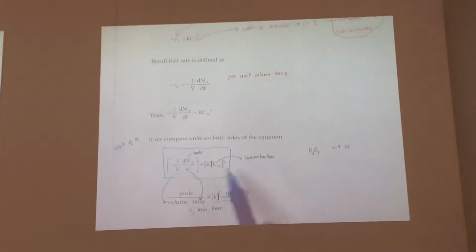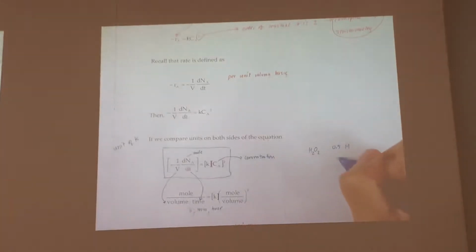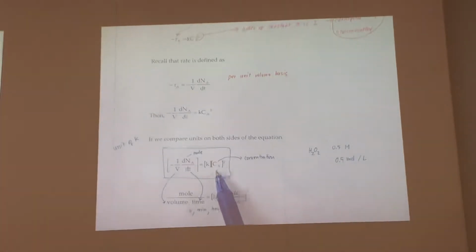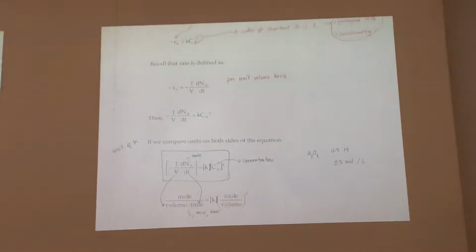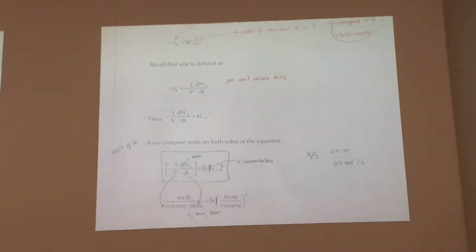This unit of concentration is 0.5 mole per liter. Therefore, the concentration here is mole per volume. Once you substitute everything and work it out, the unit of k will be equal to volume per mole per time.